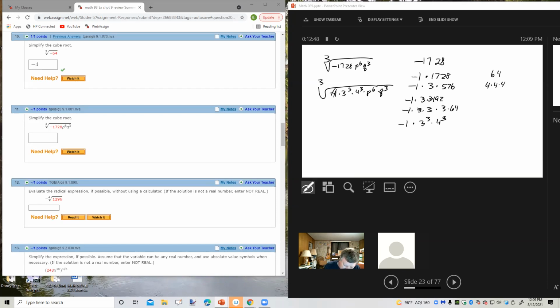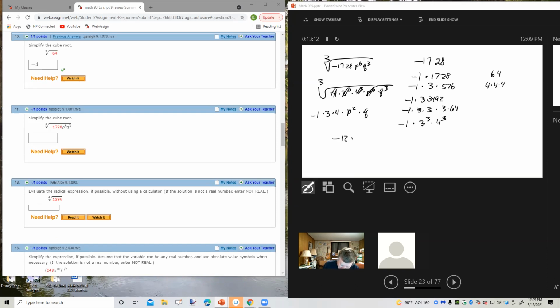The cube root of -1 is -1 outside the radical. The cube root of 3 cubed is 3 outside the radical. The cube root of 4 cubed is 4 outside the radical. The cube root of p to the 6th is p squared outside, and the cube root of q cubed is q outside.